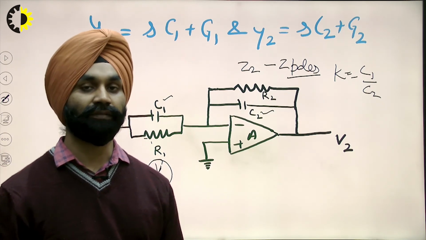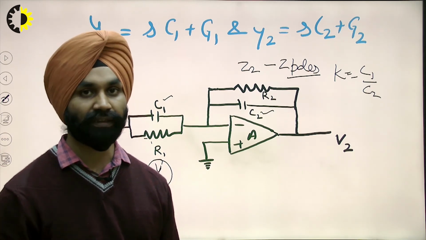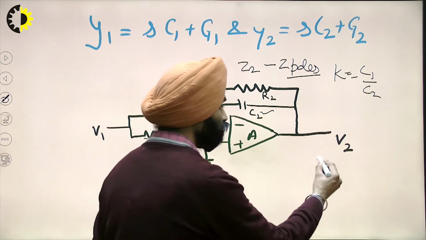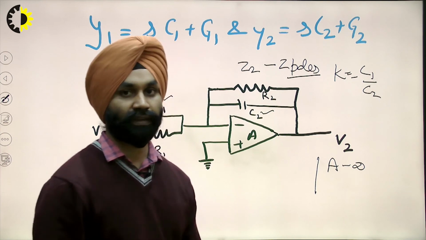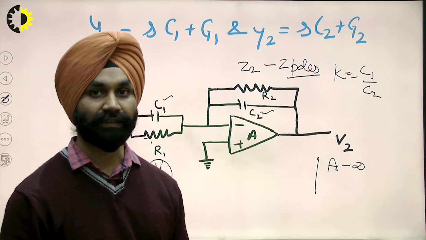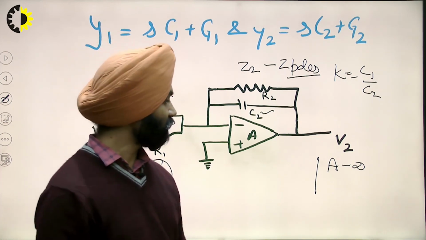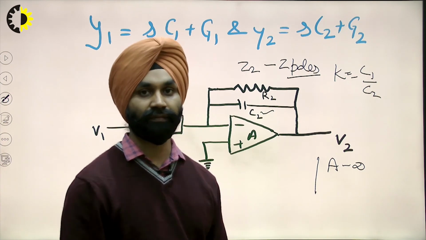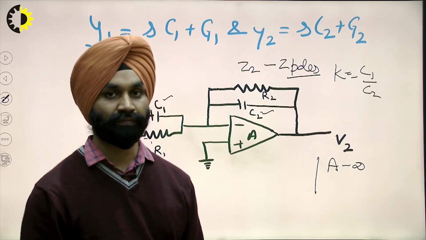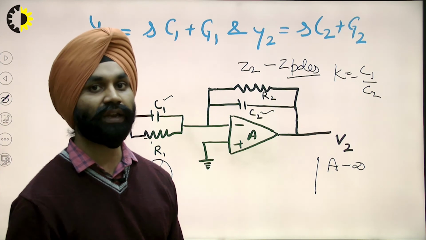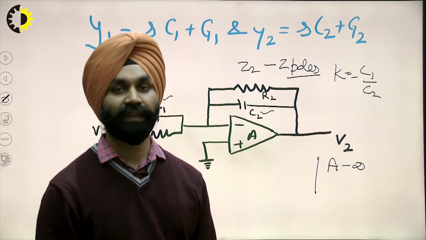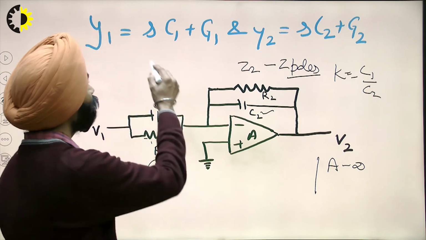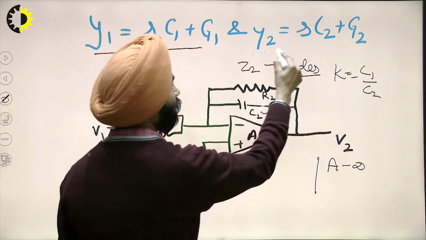Now here some follow-ups are there. First thing is that we have assumed that A is infinite, which is not a practical case. In the actual case, we will have some finite value of A. Some value of A means we will have some significance of A in our previous equations also. Second, we have chosen one case of Y1 and Y2 only.